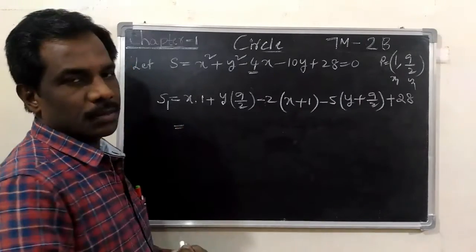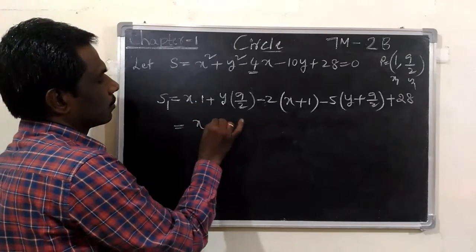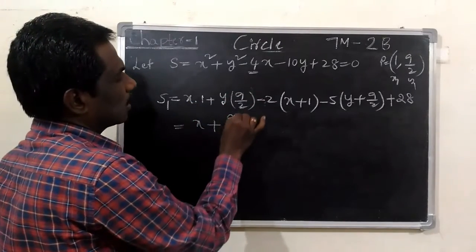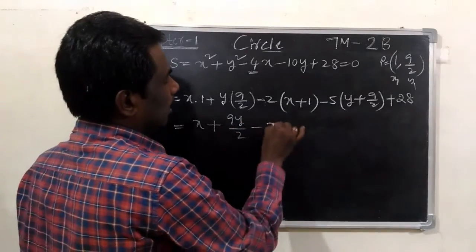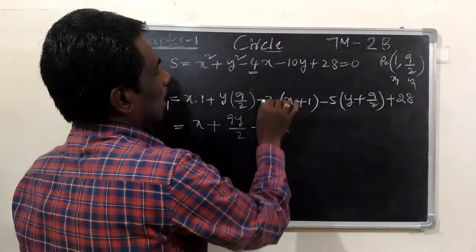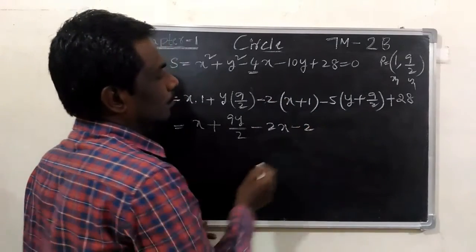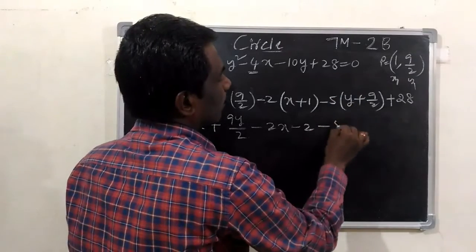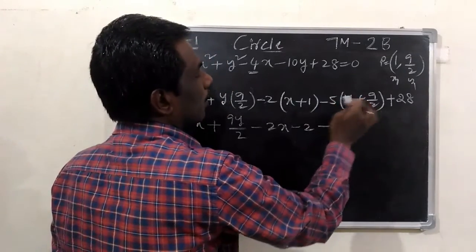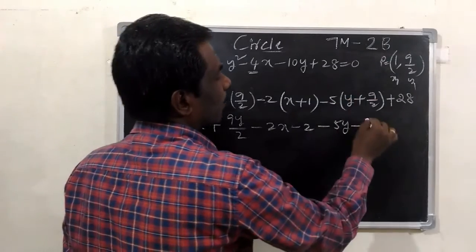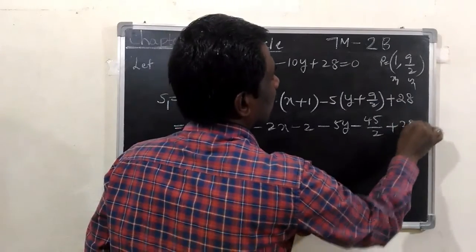If we simplify it, we get x1 is x, plus 9 into y is 9y by 2, minus 2 into x is 2x, and minus 2 into 1, minus into plus is minus, 2 ones are 2, minus 5 into 1 is 5y, minus into plus is minus, 5 nines are 45 by 2, plus 28.